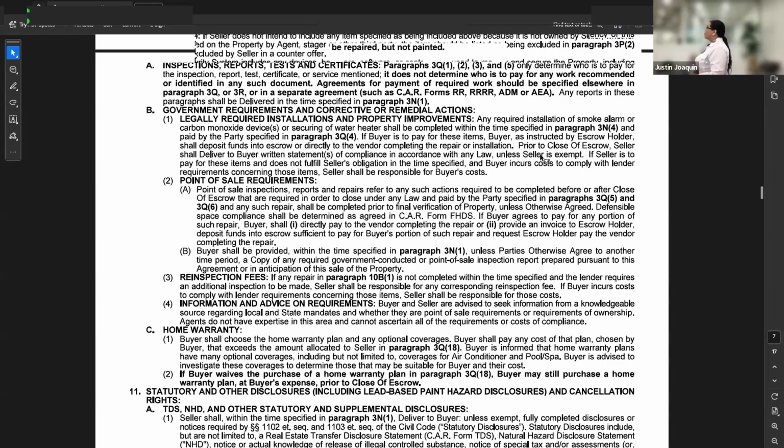The AEA is a proposal. It even says at the top, the party creating this document proposes the following: purchase price shall be 450,000. Buyer signs it. I deliver it to the seller. They're proposing. And it looks just like a counteroffer.